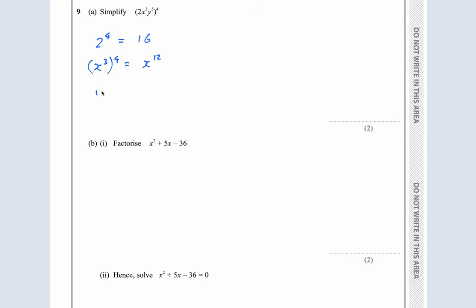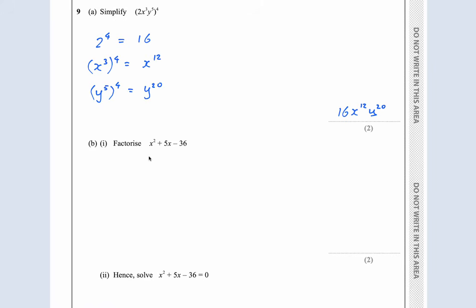And finally, y to the 5 to the power of 4, multiply the powers, and we get y to the 20. So the final answer, I have to put them all down, it's 16 x to the 12 y to the 20.